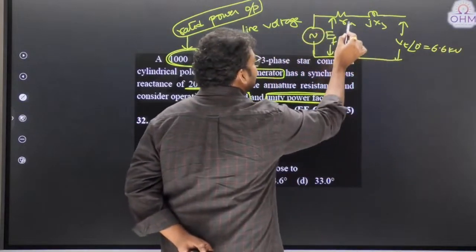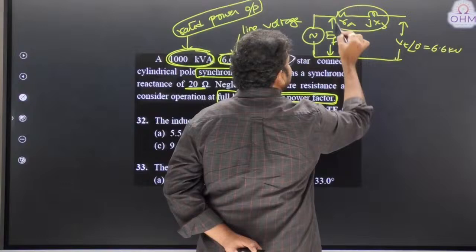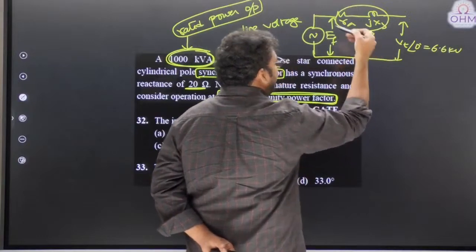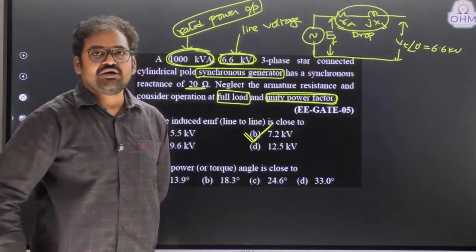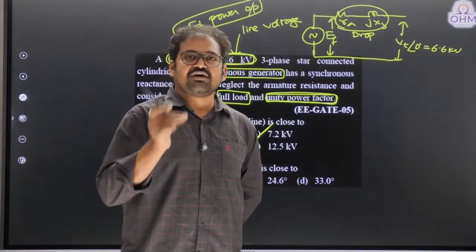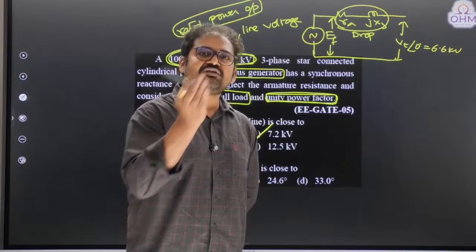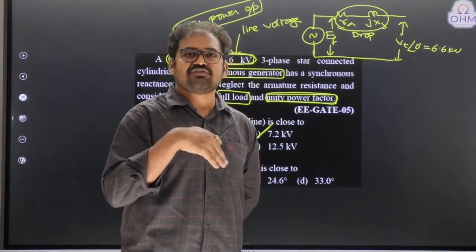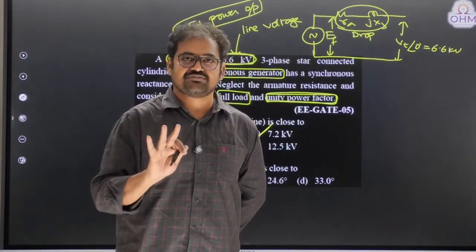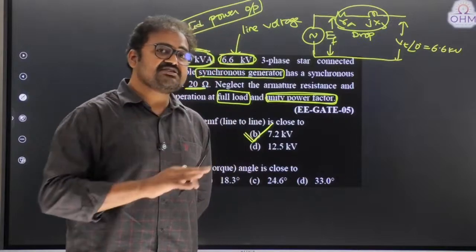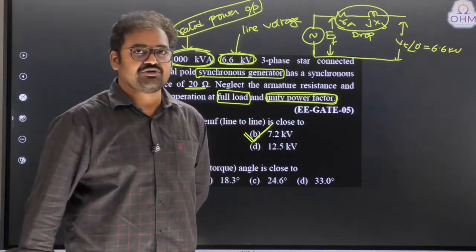Any power factor, we know resistance and leakage reactance will offer a drop in voltage only. I am neglecting armature reaction drop because at lagging power factor, armature reaction will give you drop in voltage. Leading power factor, it will give you rise in voltage, but at unity power factor, no effect of armature reaction. But leakage and resistance will always give you drop in voltage only.